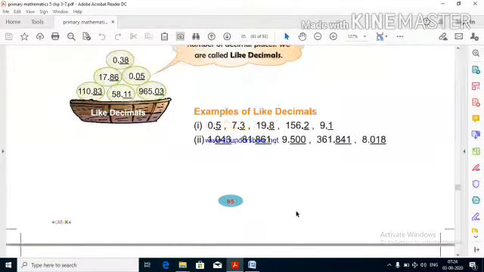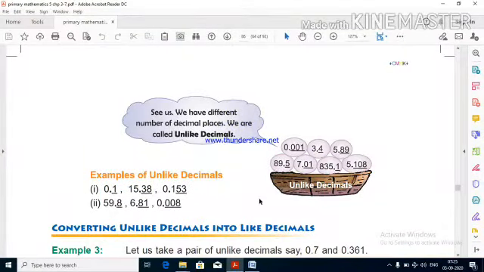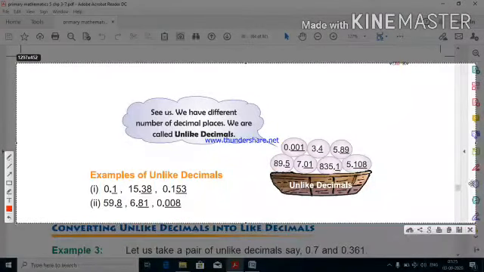In unlike decimals, it is the opposite. Let us see. In unlike decimals, there is 3 digits, there is 1 digit, there is 2 digits, there is 1 digit, there is 2 digits.